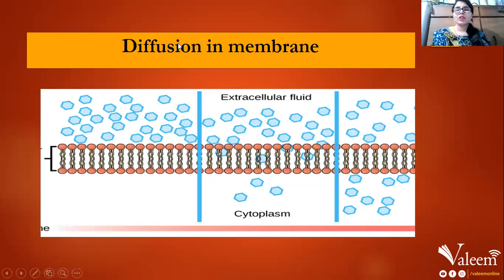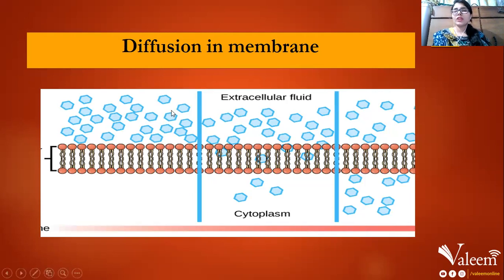Diffusion in membrane: basically how the membrane plays a role in diffusion. Again, I'm explaining that extracellular fluid is the fluid outside the cell, and cytoplasm is the intracellular fluid, the jelly-like substance present inside the cell.